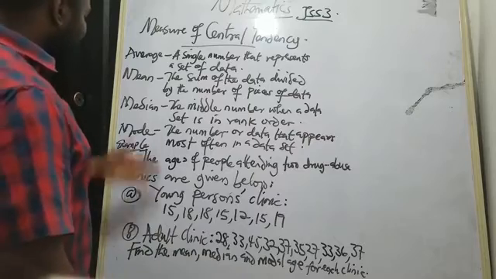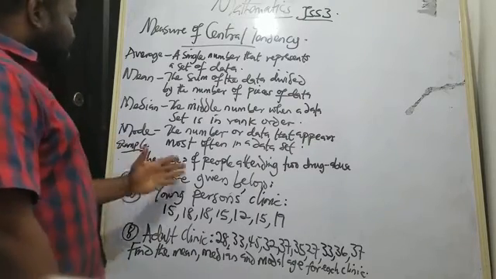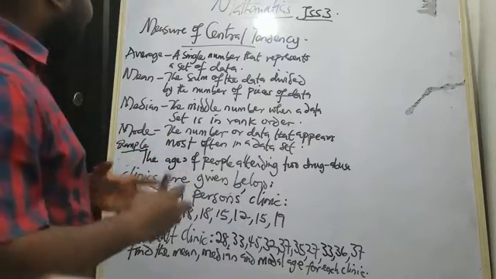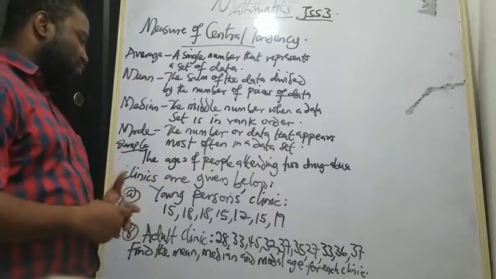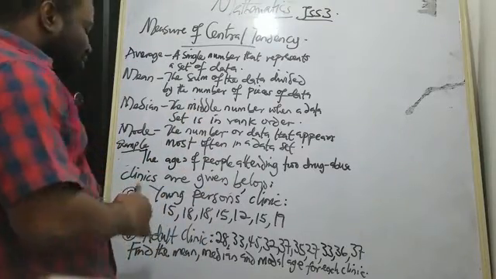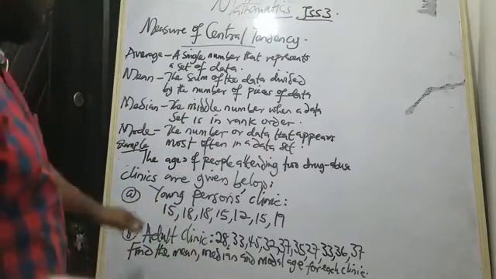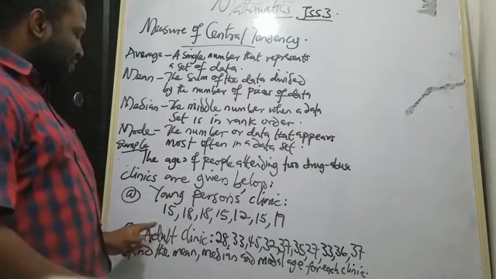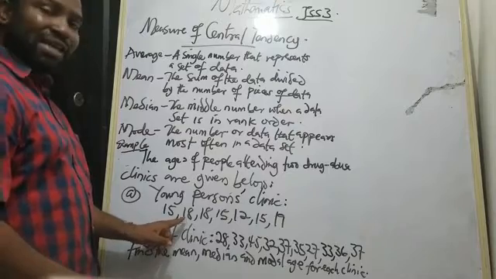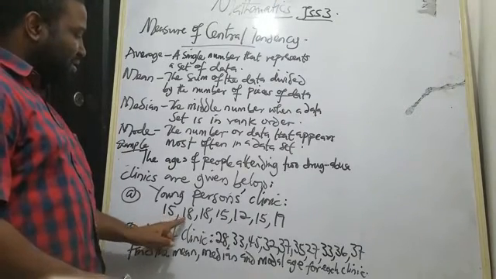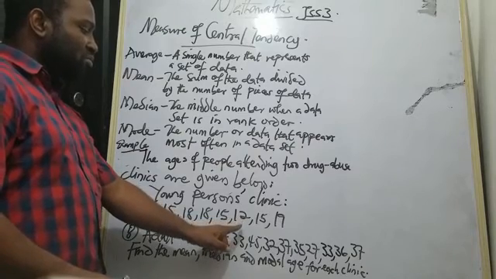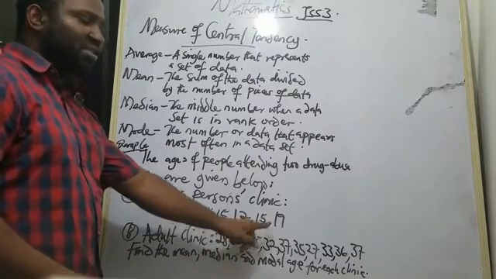Okay, now let's see an example. The ages of people attending two drug abuse clinics are given below. We have the young persons clinic and the adult clinic. For the young persons clinic, their ages are: 18 years, 15, 18, 12, 15, 12, 15, 19.